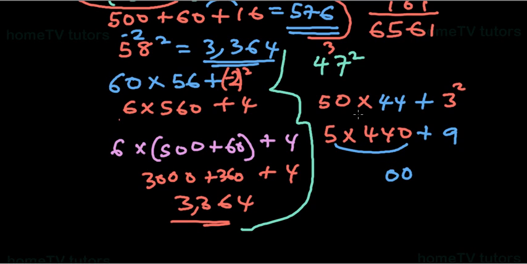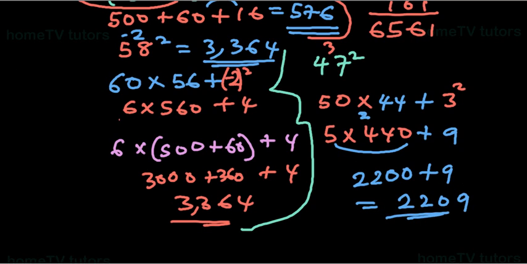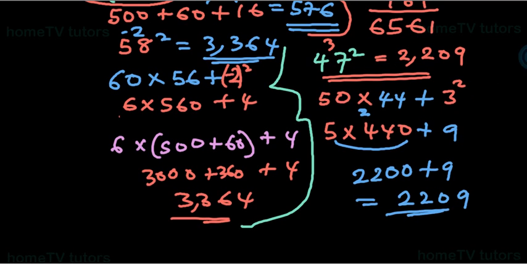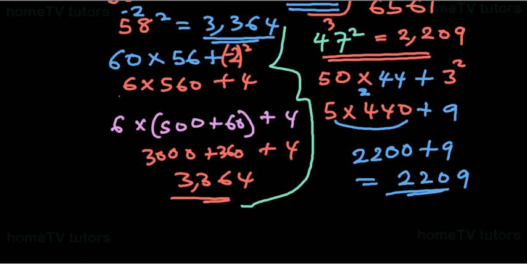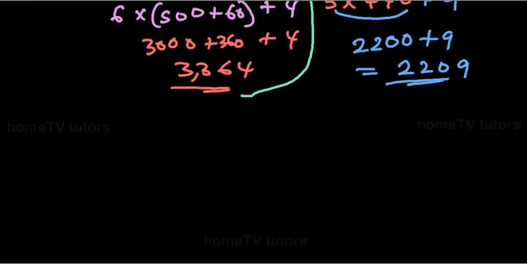We move 2 to the next column. 5 times 4 is 20. 20 plus the 2 that we brought in from the previous column, we have 22, plus 9. And that gives us 2209. So 47 square is equal to 2209. All right. So if there is any more explanation that you need, just replay the video.